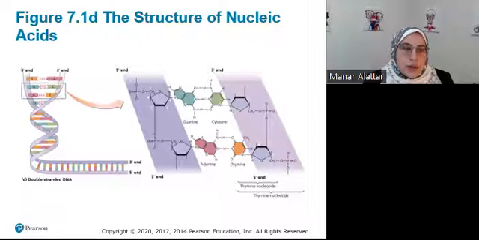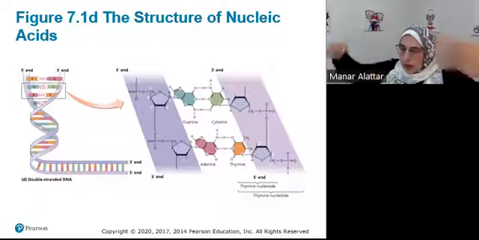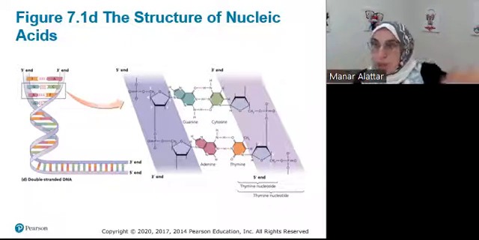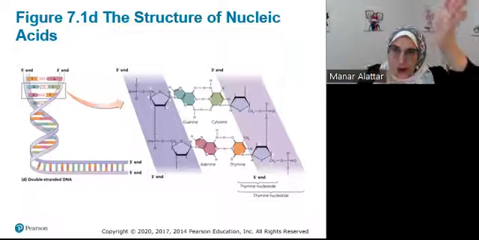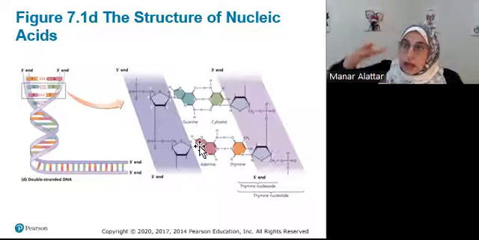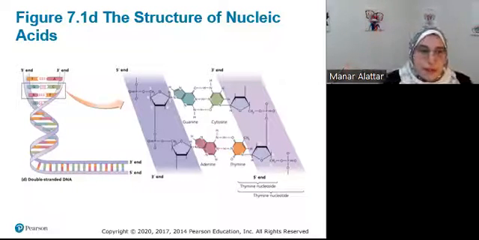So as you have these strands coming together, where you have the phosphate groups and the sugars aligned in a backbone, and then you have these nitrogenous bases that are parallel to and adhere to one another through hydrogen bonding.